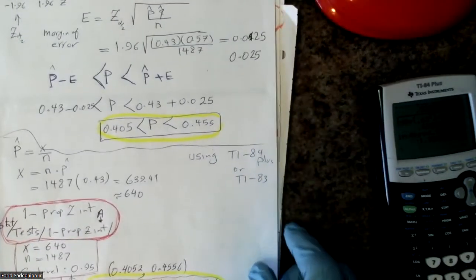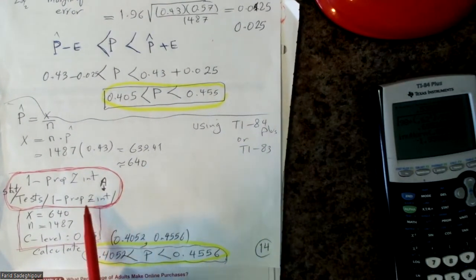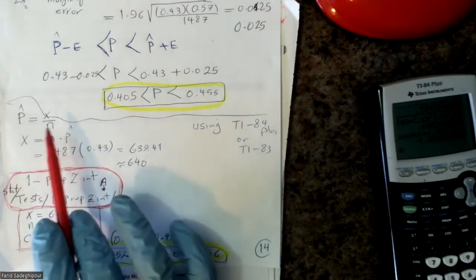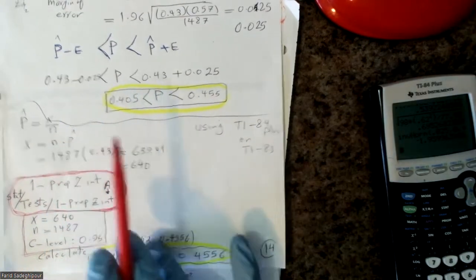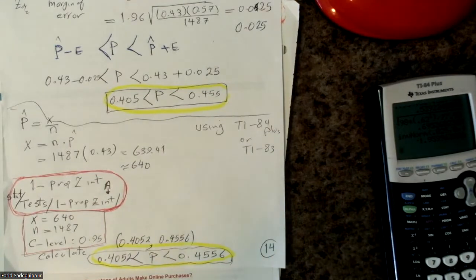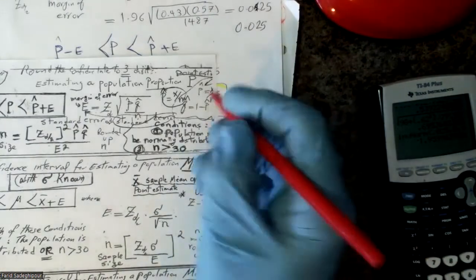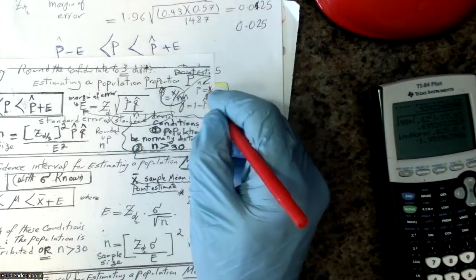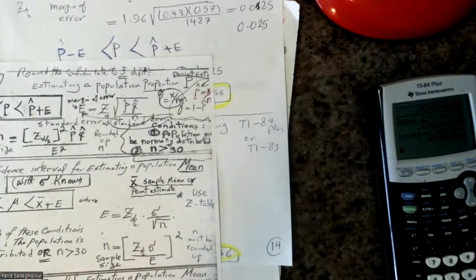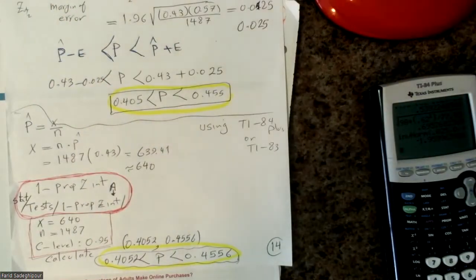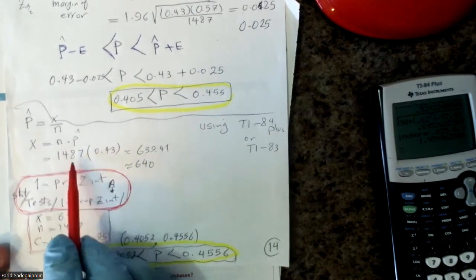Now, if you want to use the calculator, it can calculate the proportion for you, but it requires the X value. We don't have the X value, we have P hat, but we know the formula is P hat is X over N. So if I cross multiply, X is N times P hat.